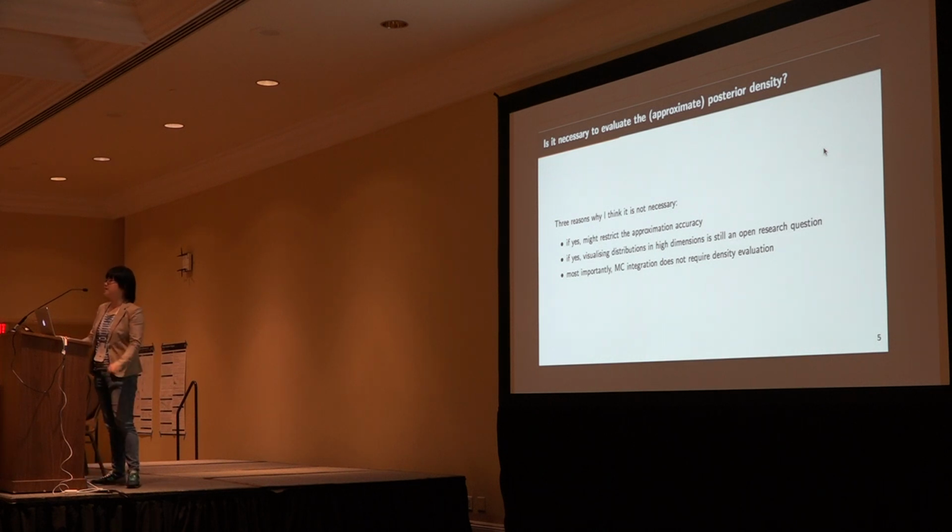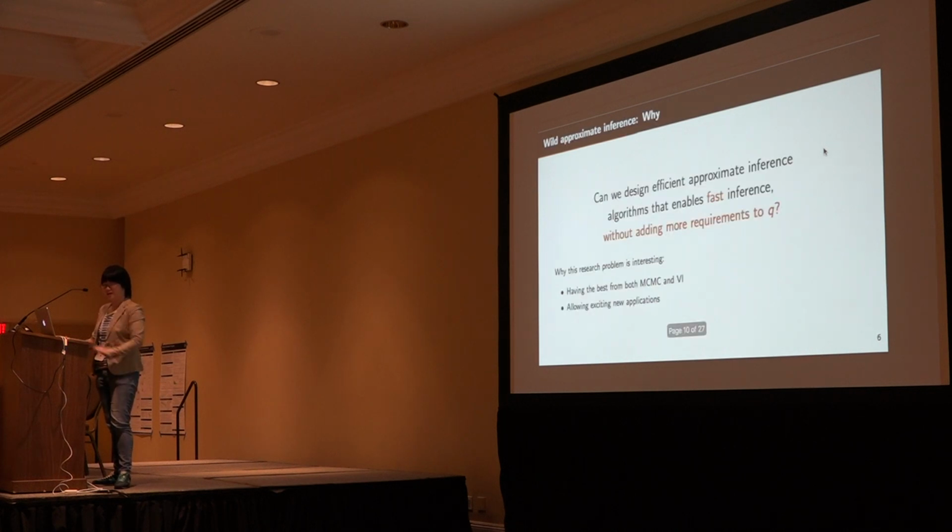And if you want to visualize marginal distributions, you can either plot density, or, I think in the MCMC community, they basically plot samples and then fit density estimators. So in that sense, you need to get samples, and maybe you can fit another density estimator later. But most importantly, the task here is computing the expectation of f, and we approximate it with Monte Carlo methods. And here you see that Monte Carlo integration doesn't really require density evaluation.